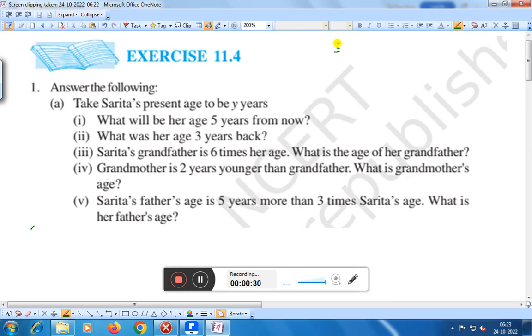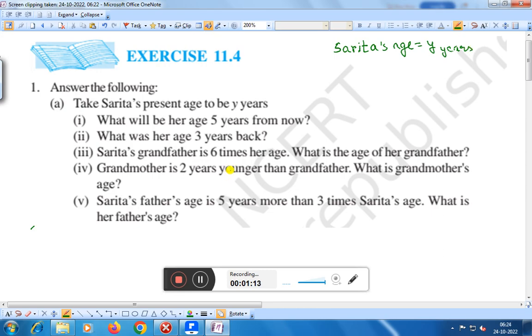We have taken Sarita's age is equal to y years.